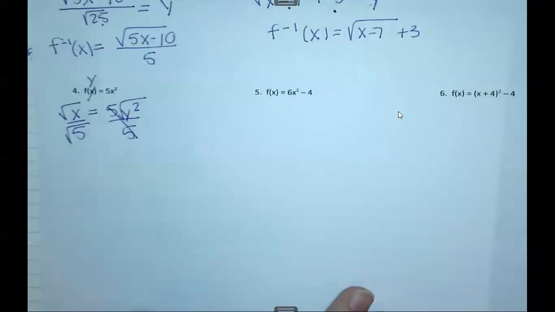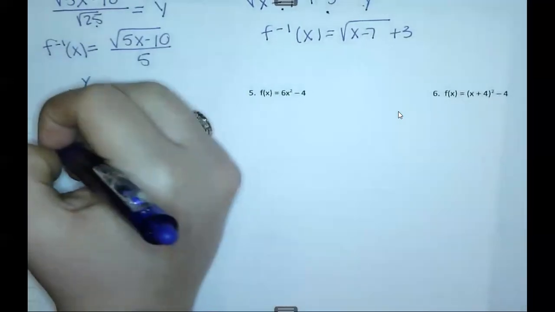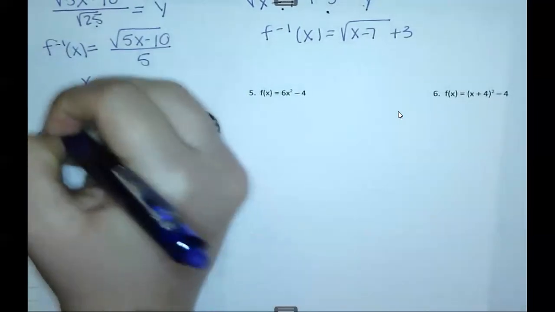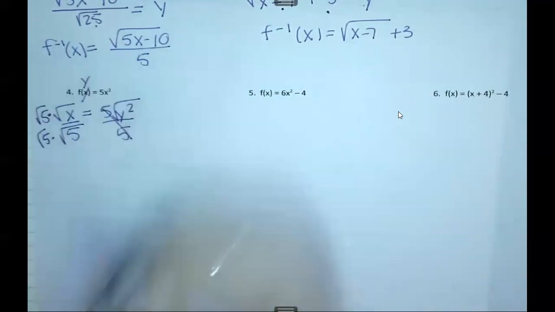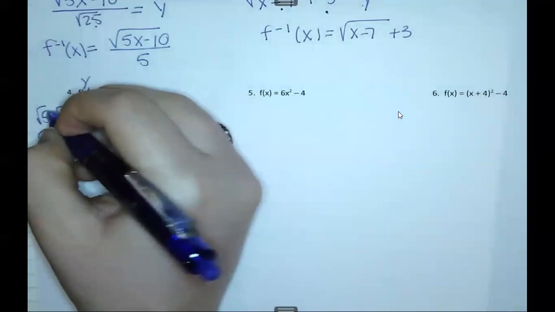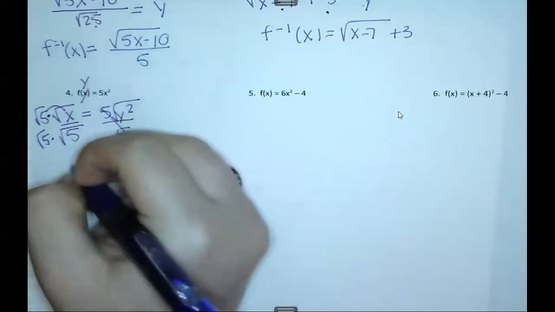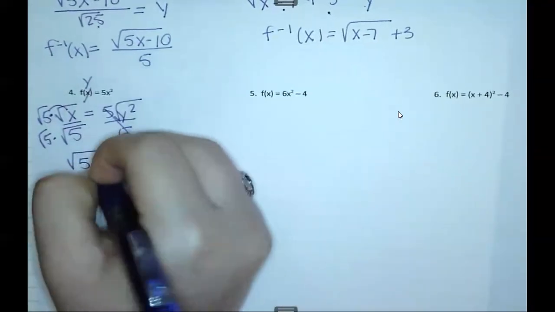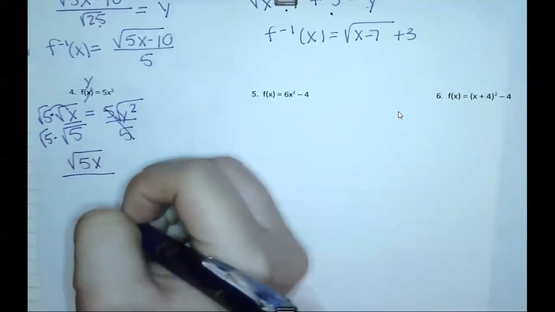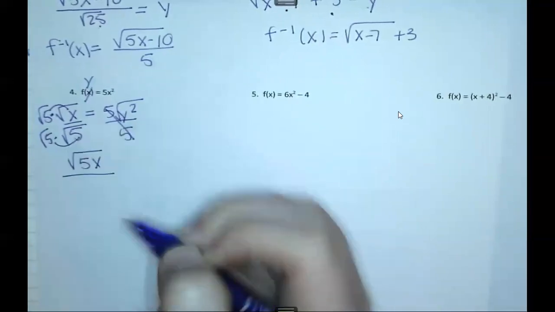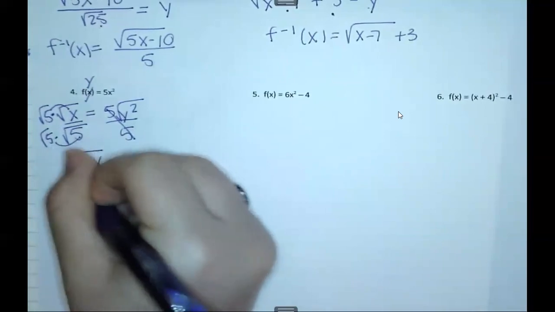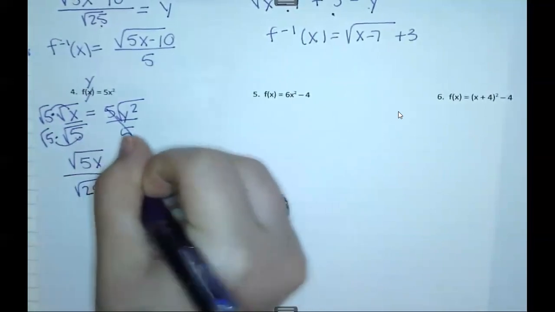We do not want a square root in the bottom, so to get rid of that, we multiply it times itself. Do it to the bottom, got to do it to the top. So we multiply the 5 and the x, which is going to give us square root of 5x, over 5 times 5, which is the square root of 25.